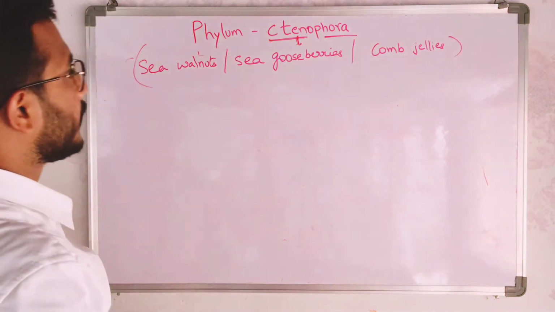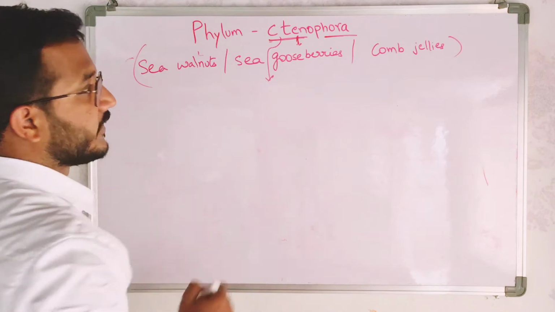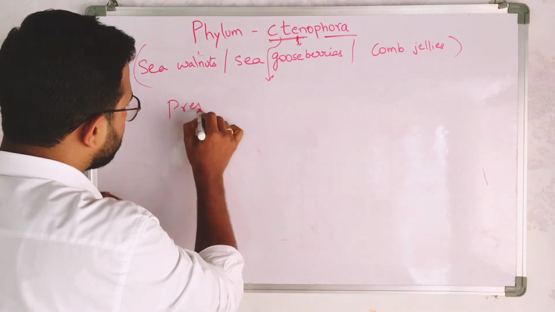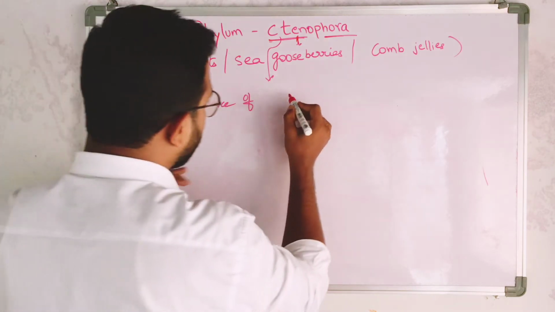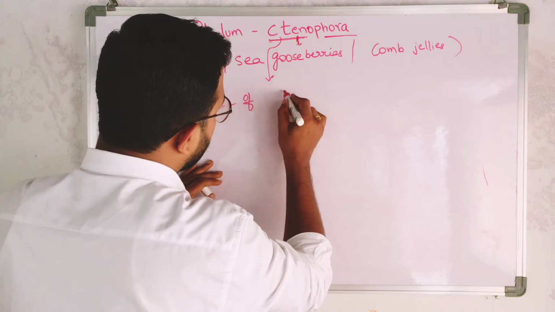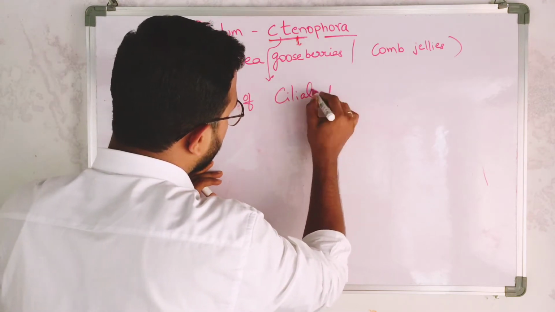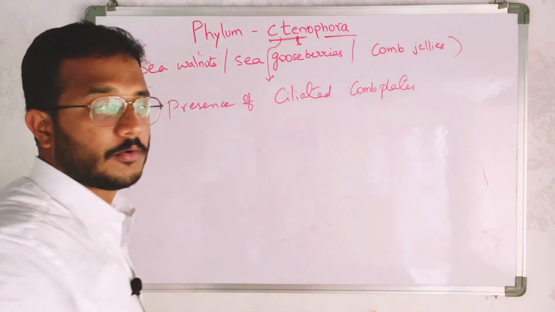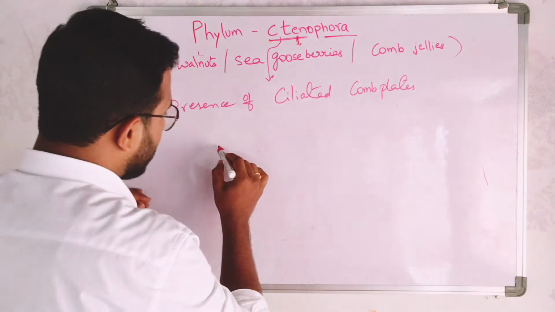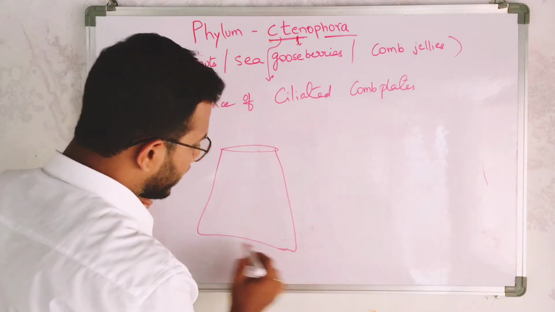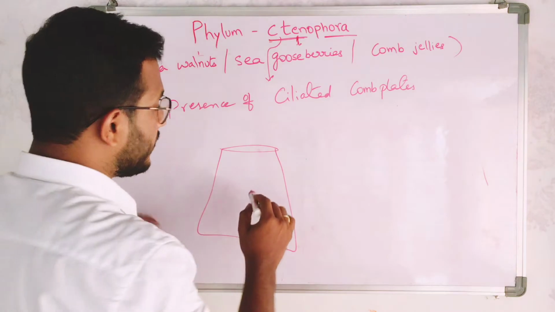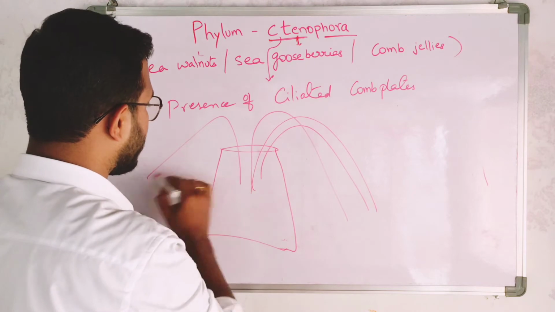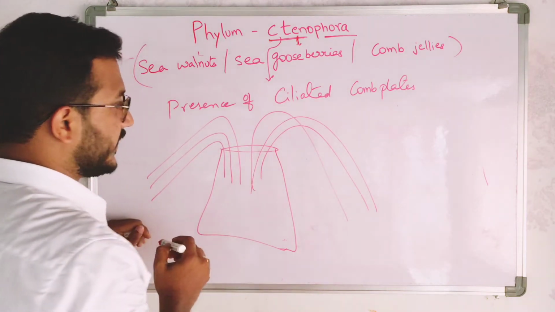And here we have to know one more thing, why the name Ctenophora was given to these animals. That is due to the presence of ciliated comb plates. What are those? For example, this is an animal present in the phylum Ctenophora. They have tentacles, which are helpful for locomotion in these animals.